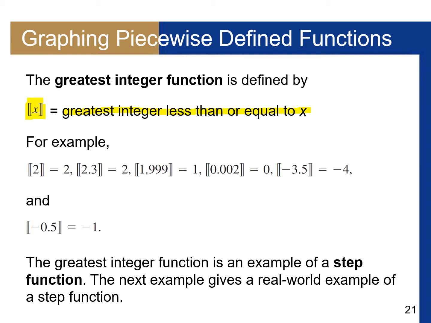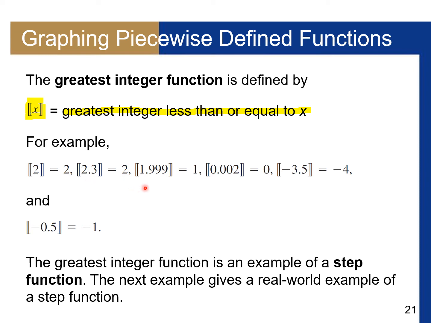Okay, so for instance, let's take a look at the greatest integer function of 2. Well, the biggest integer that is smaller than or equal to 2 is simply 2. Look at the next one. What is the greatest integer of 2.3? Well, the biggest integer smaller than this number is 2.